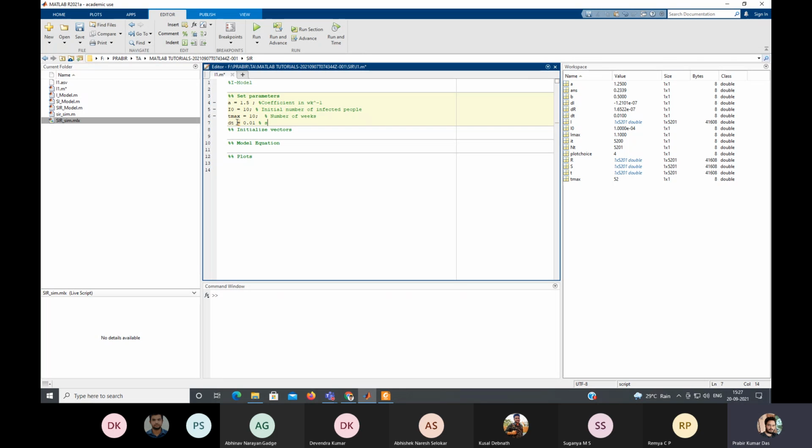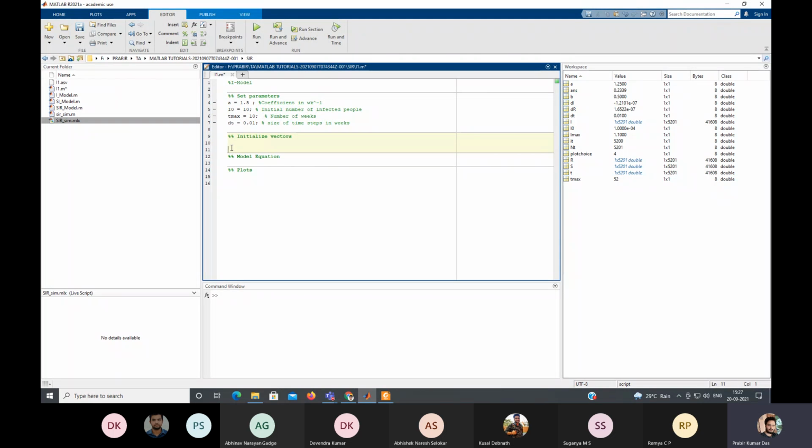So these are all our parameters. Okay. Later we will try to change these parameters to see what our graphs will look like.